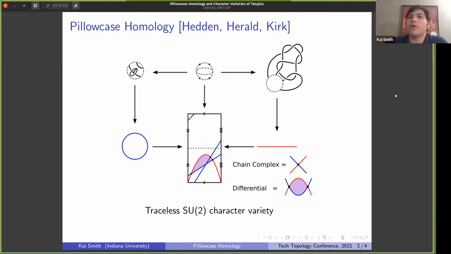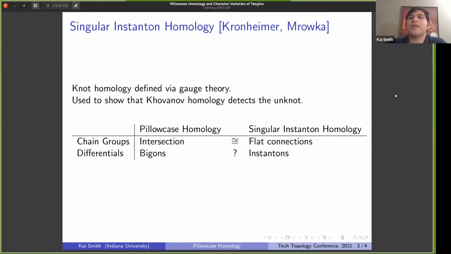So the main motivation for studying pillowcase homology is its relationship with singular instanton homology as defined by Kronheimer and Mrowka. This is a knot homology theory defined using gauge theory, and it's proved to be really important since it was used to show that Khovanov homology detects the unknot. The relationship between these 2 theories is that there's a natural equivalence between their chain groups and a conjectured equivalence between their differentials.